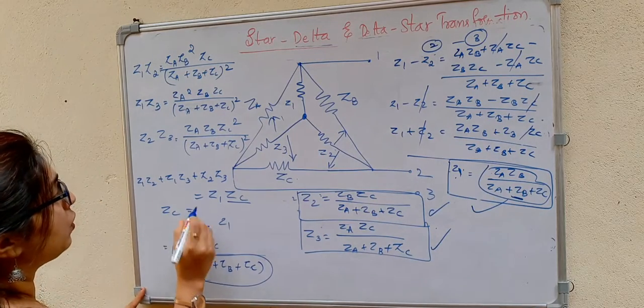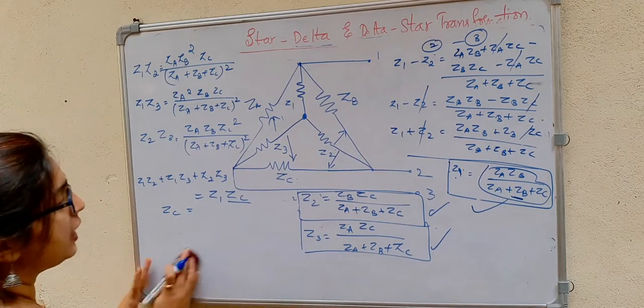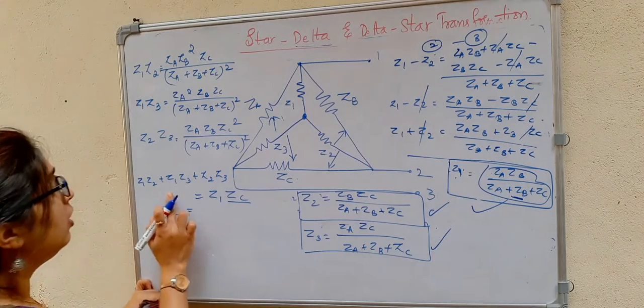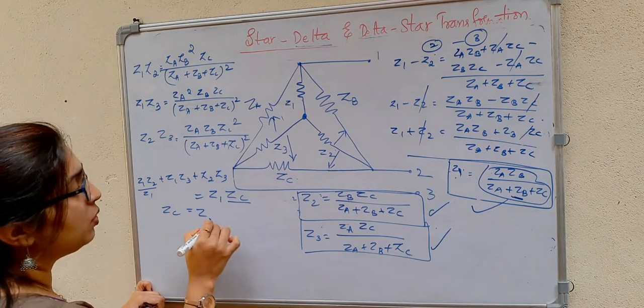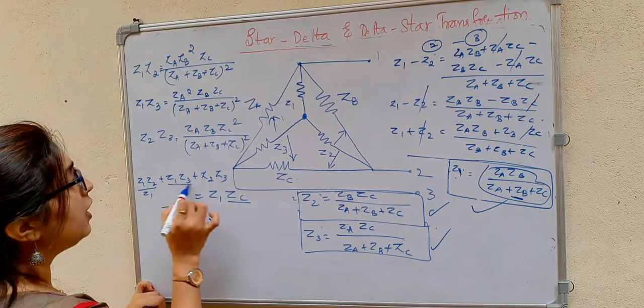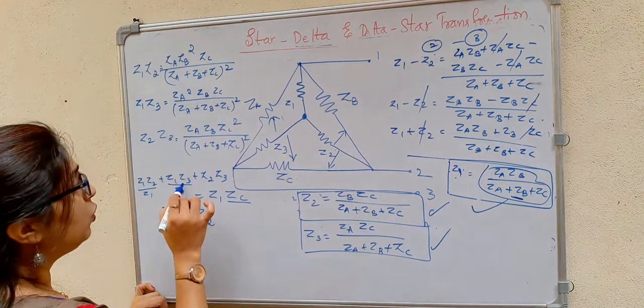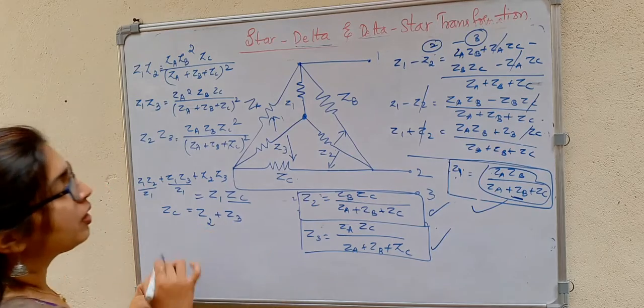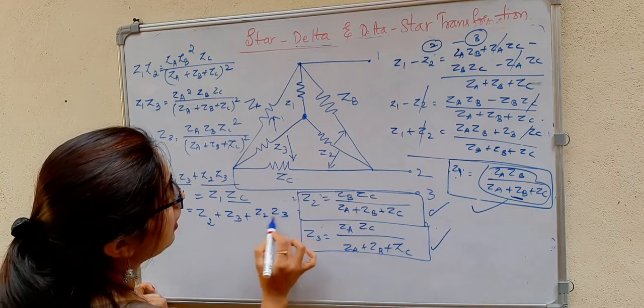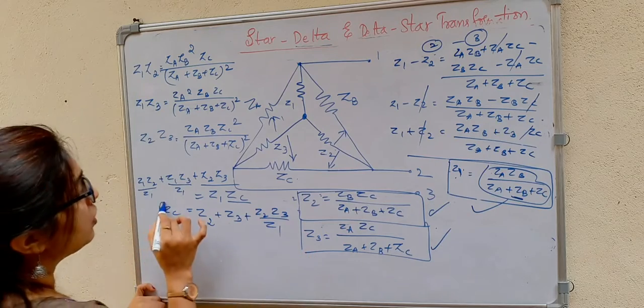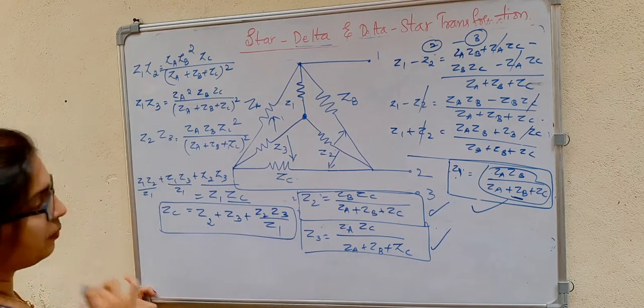So ZC is equal to, if I bring Z1 to the denominator, divided by Z1, Z1 cancels out, so left with Z2. Here if I divide by Z1, you will be left with Z3. Then here, if you divide by Z1, it is Z2Z3 divided by Z1. So this is your ZC.